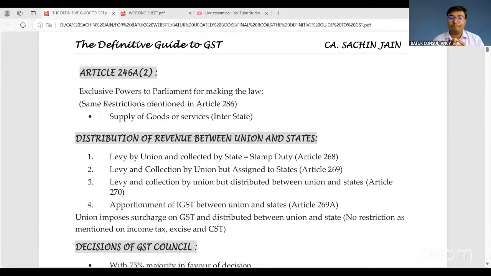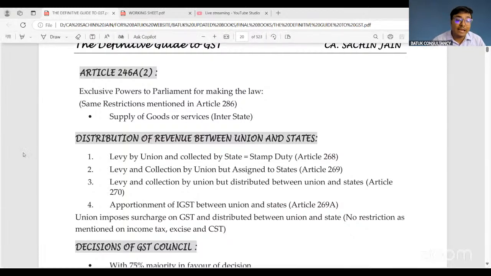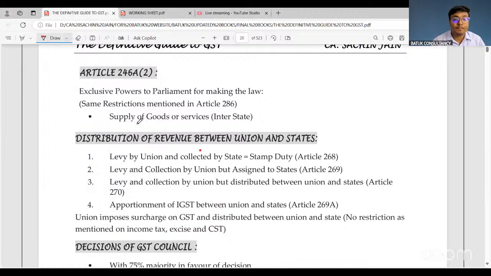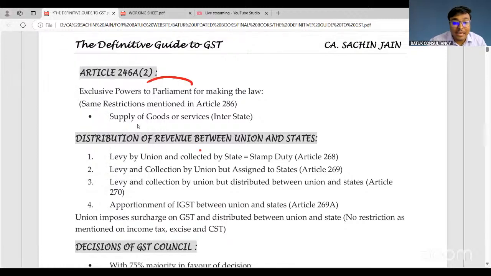Now they have introduced the sub part of article 246A, and in that article 246A they have clearly mentioned, sir, that Parliament has exclusive power to make the laws in case of interstate supply. Hence, we have an IGST Act.